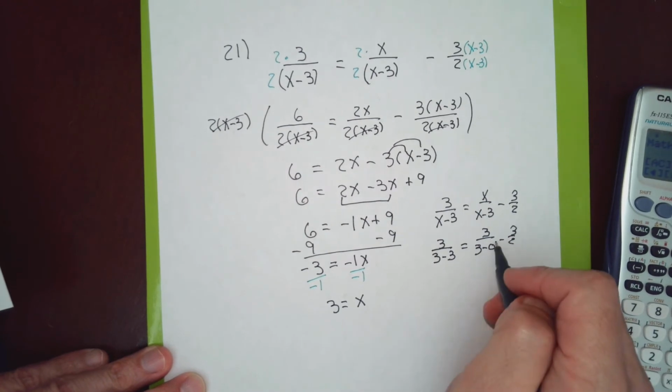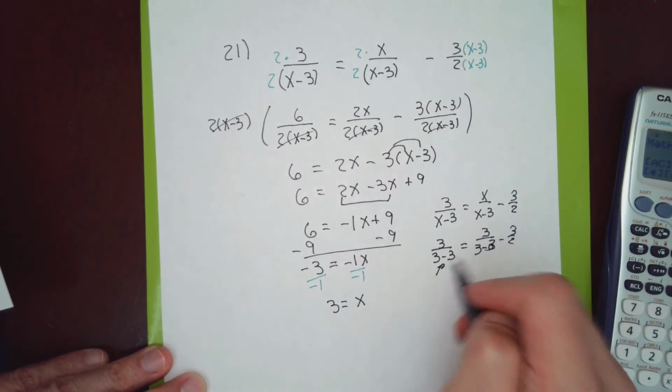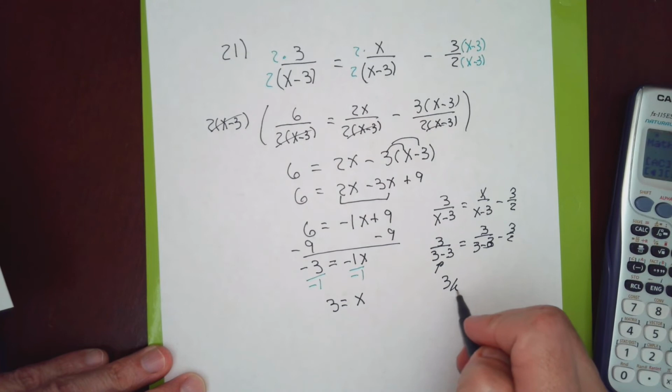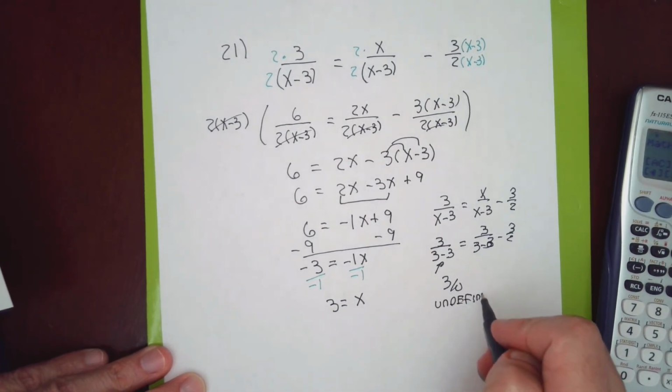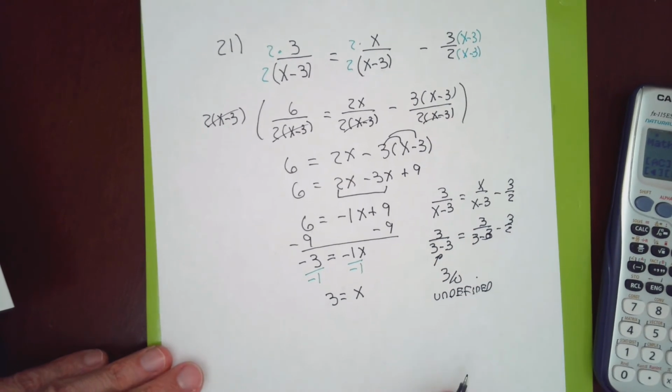This denominator right here is going to be a 0, and that's going to be undefined. If I did this on my calculator, I'd get some sort of math error.